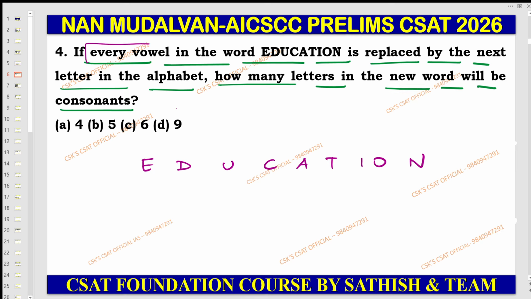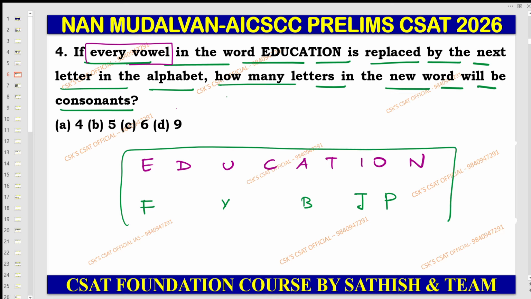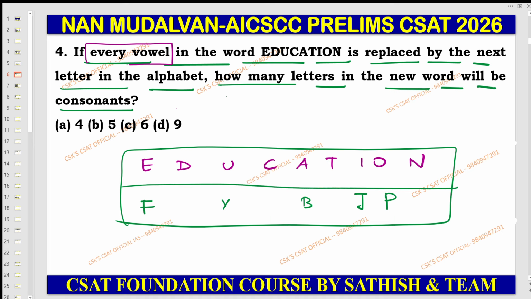Every vowel in the word education is to be replaced. E, the next letter in the alphabet is F. U becomes V, A becomes B, I becomes J, O becomes P. Now understand one more thing: how many letters in the new word will be a consonant?